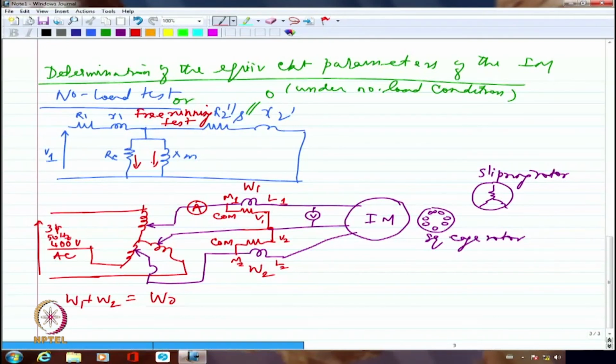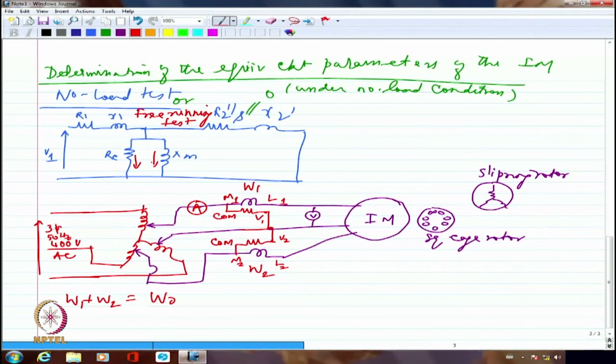If it is inductive, I'm going to have 90-degree lagging current. And if it is 90-degree lagging current and the RC current is a small current, then the overall current is going to be extremely lagging. If it is extremely lagging, in the 2 wattmeter method, if you may recall, cos of 30 plus phi in one of the cases, cos of 30 minus phi as the other case.